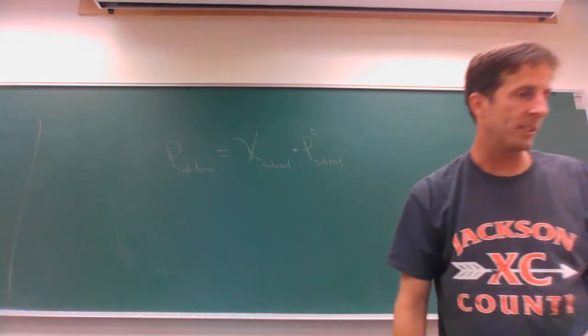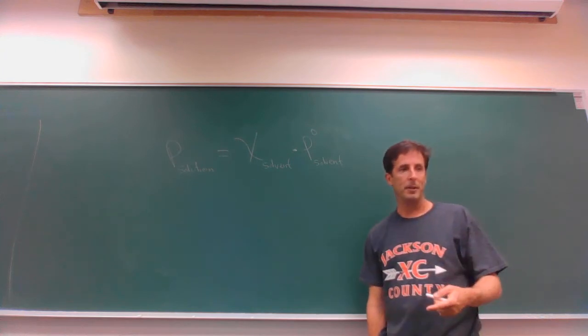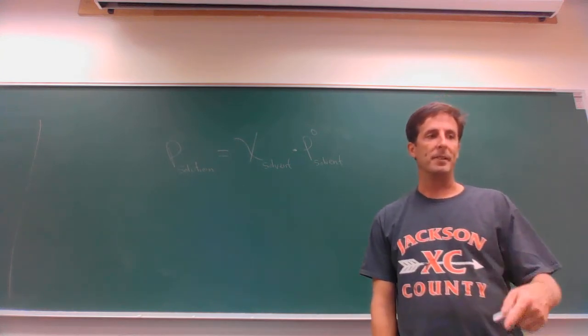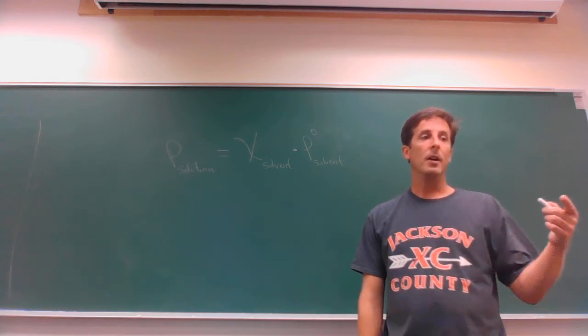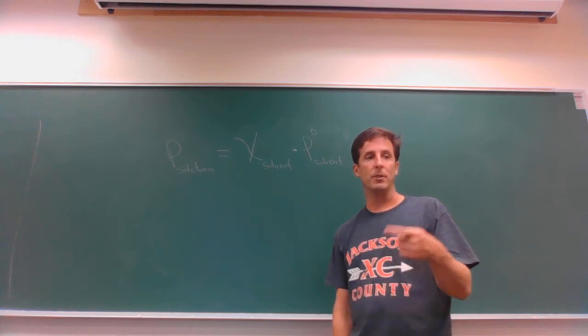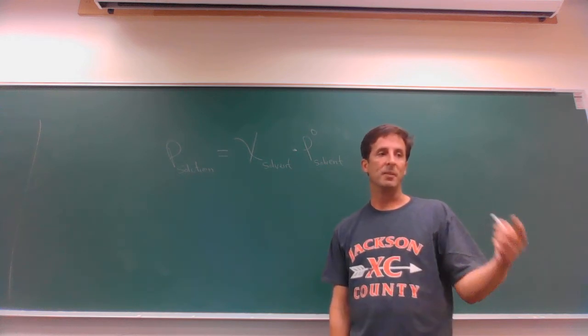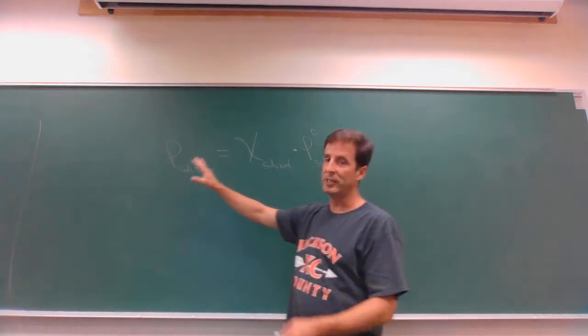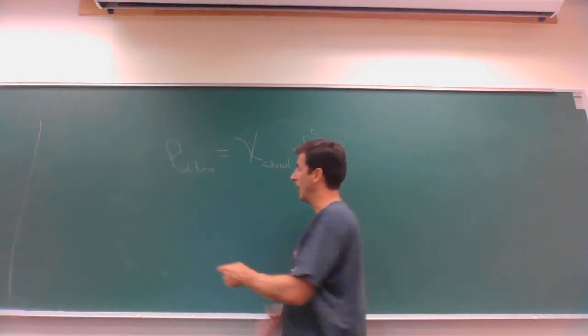So then finally on slide 42, we have a problem here. At 25 degrees, the vapor pressure of pure benzene is 93.9 torr. A solution is made where the new solution has a vapor pressure of 91.5 torr. What's the mole fraction of the solute? All right, so the pressure of the new solution they made was 91.5.